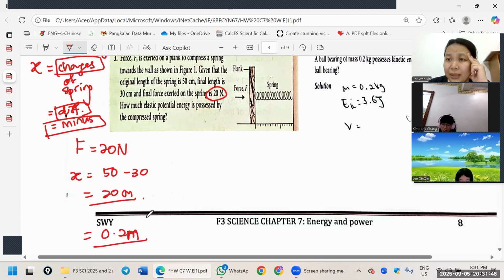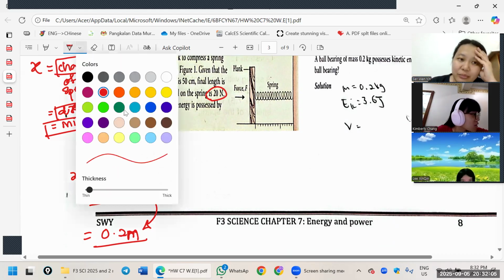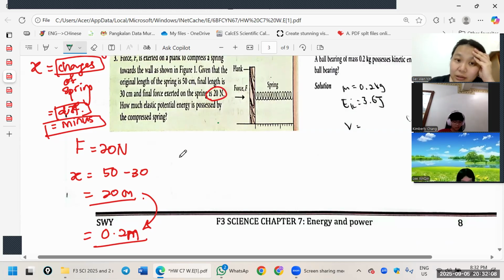May I know why must change to meter? Anyone can tell? The question requires meter. The question doesn't require meter. The formula. Yes, the formula require meter. Very good. So energy equals to half Fx.